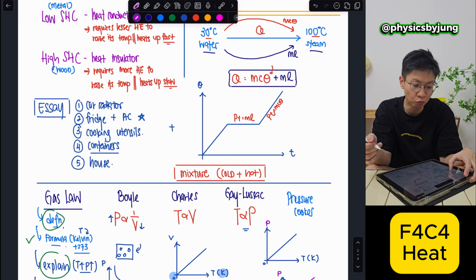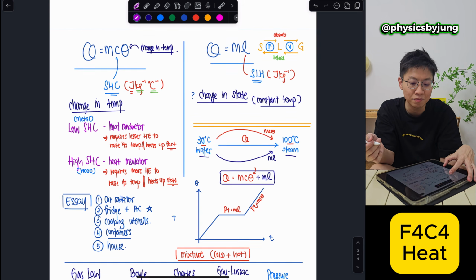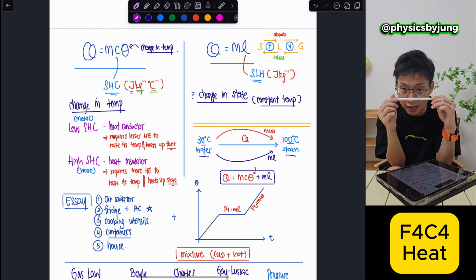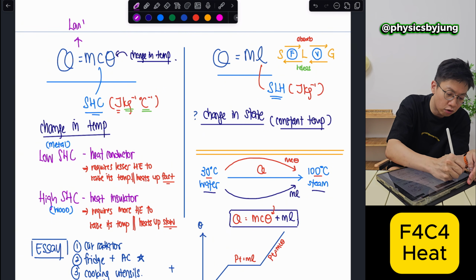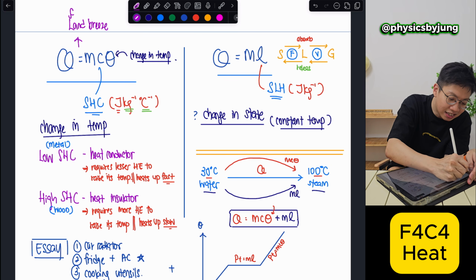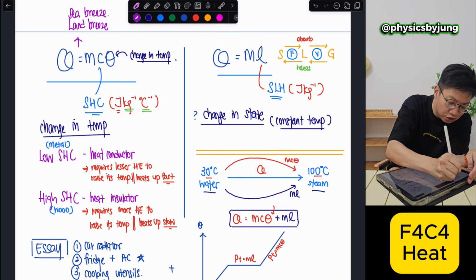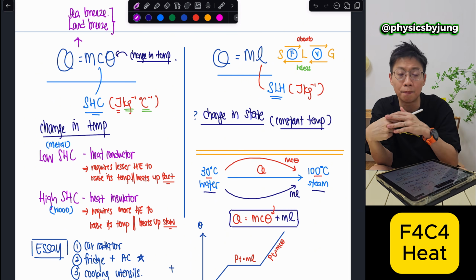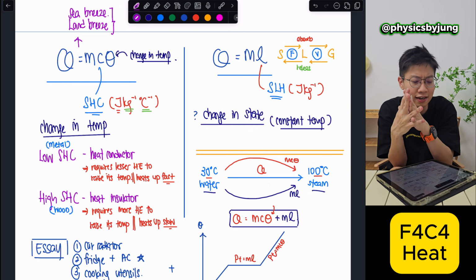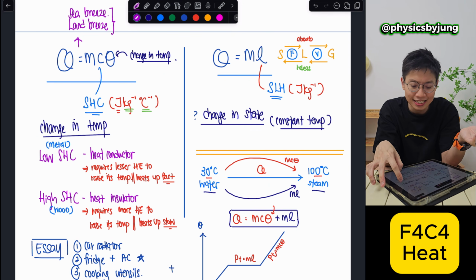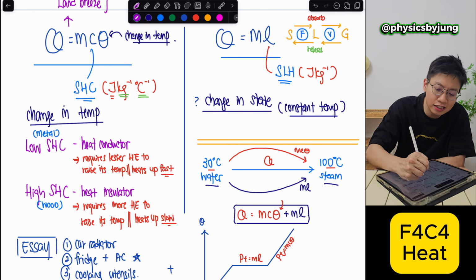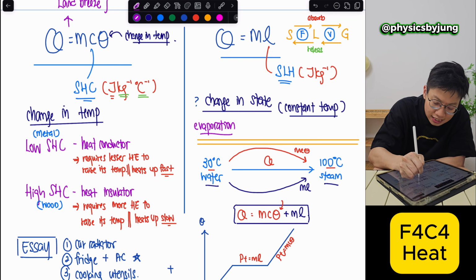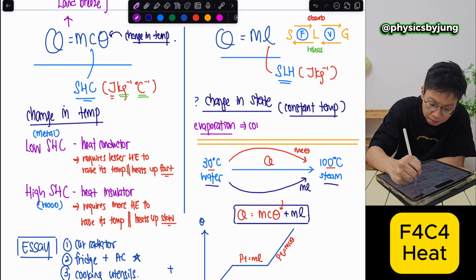The tough part is usually your MCQ and your essay question. Of course in the MCQ, there's going to be this thing called the land breeze and the sea breeze, which is usually an exam hot topic also. So you have to be able to explain that as well. Besides that, you have to demonstrate the understanding that evaporation will cause something to become cold.